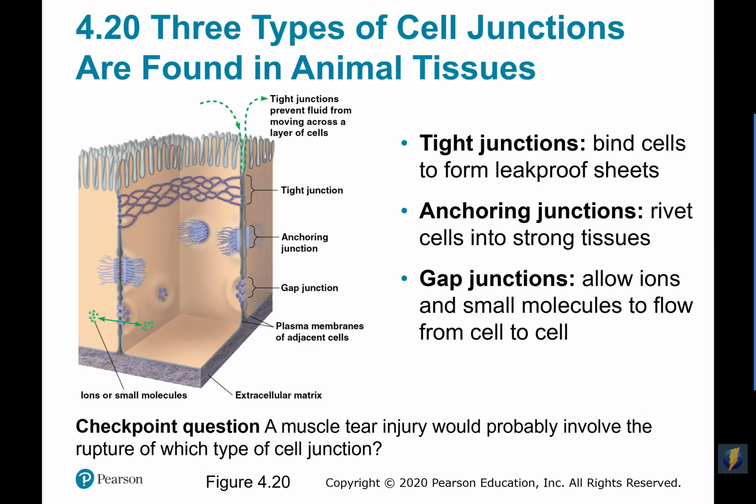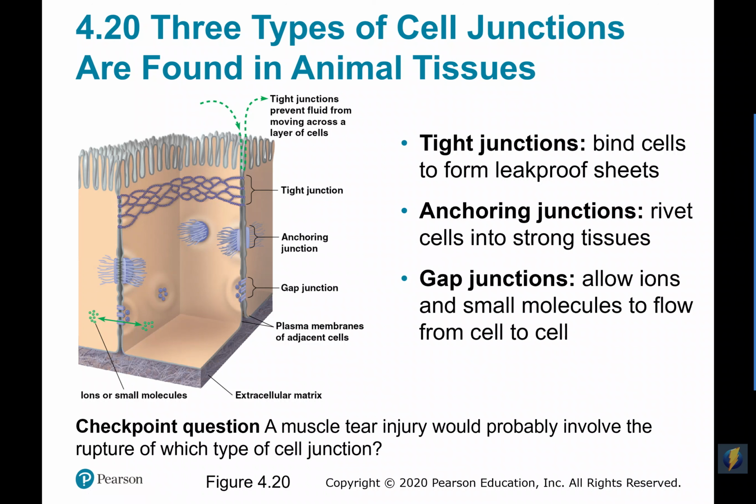The gap junctions are the opposite end of that. They allow stuff to move pretty easily from one cell to the next. So it's not about preventing flow, but allowing flow. And then the anchoring junctions are like a rivet.